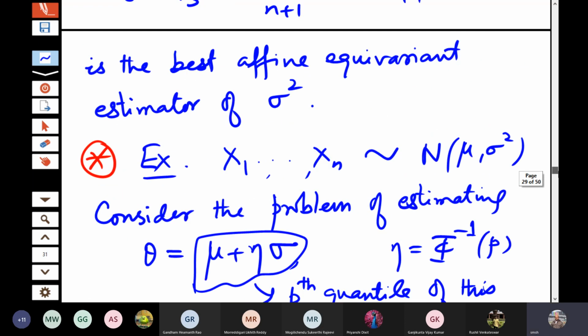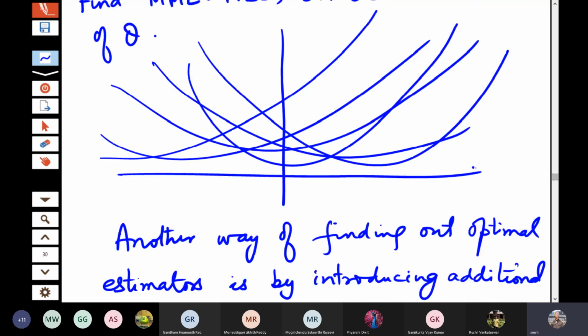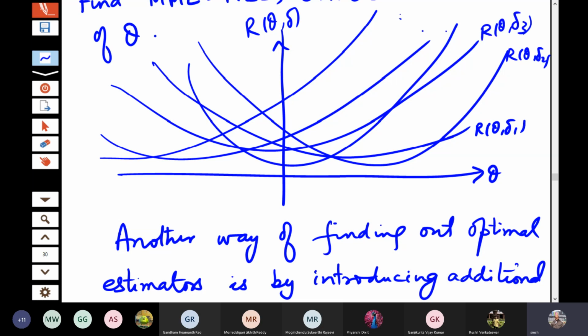If you look at these functions which I have made here, on this side you have theta, on this side you are plotting r(theta, delta). So this is, for example, r(theta, delta 1), this is the risk function of delta 2, this is the risk function of delta 3, and so on. If over this space I can take some sort of average, because theta takes values over the parameter space, so many values are there.